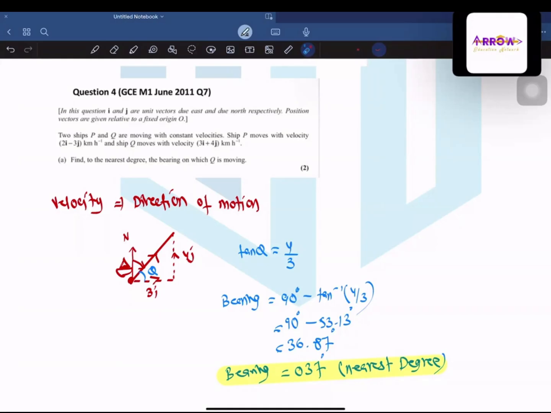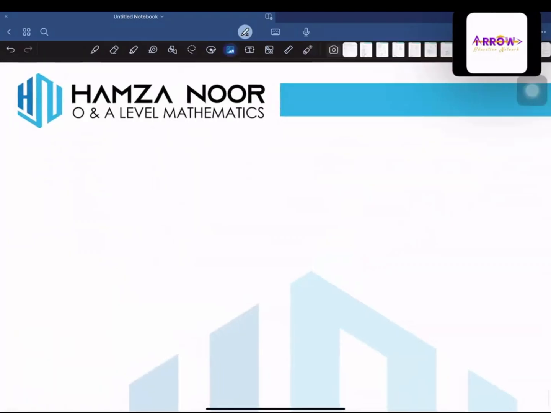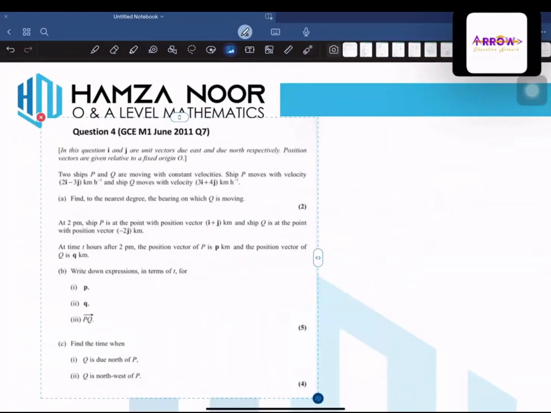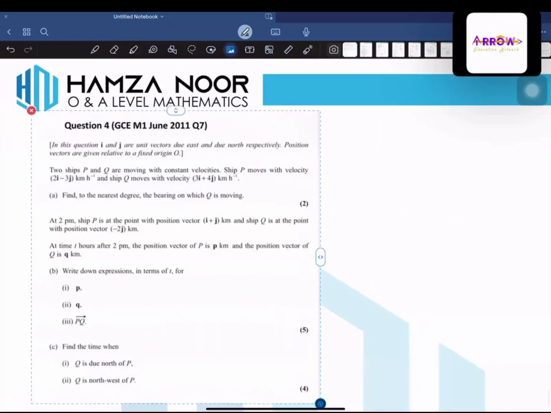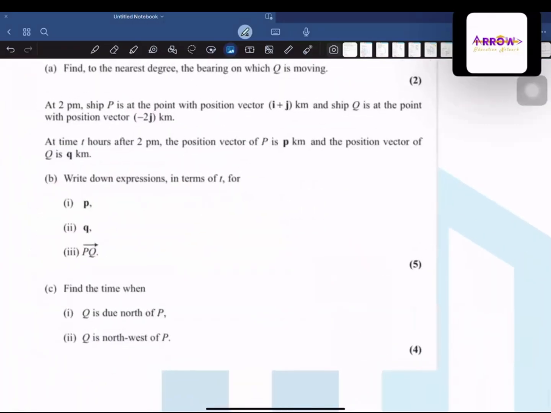So now let's move on to the next part. Coming on to part B, we have a story over here. At 2 p.m., ship P is at the point with position vector i plus j kilometer.